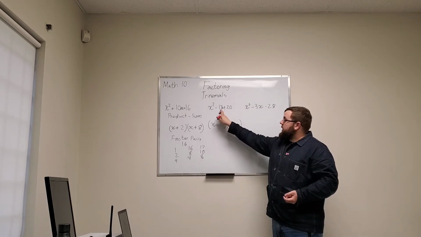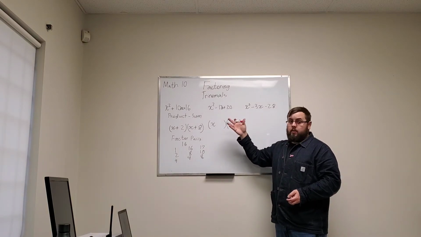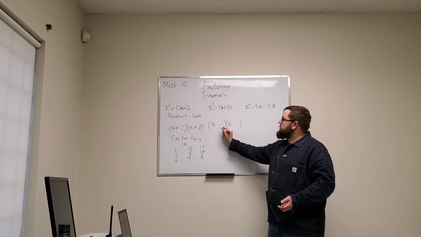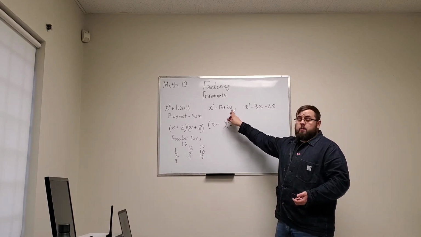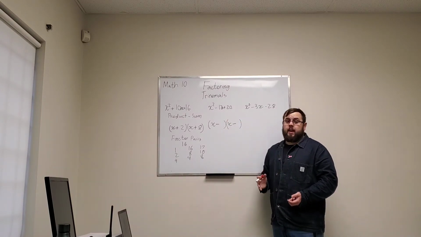And we know for sure, because of this middle term, that we're going to have some sort of negative number in there, because there's no way to add positive numbers together and end up with a negative. So at least one of these must be negative, right? But because this says either they both have to be positive or both have to be negative, we know that they're both going to be negative.